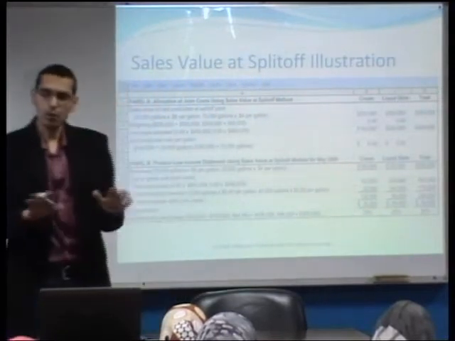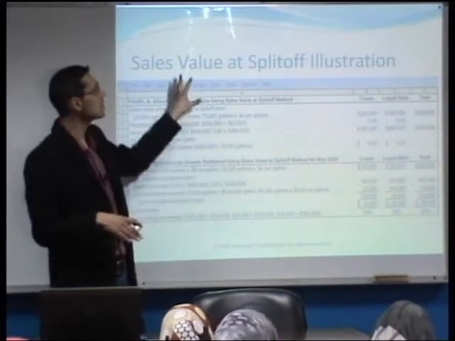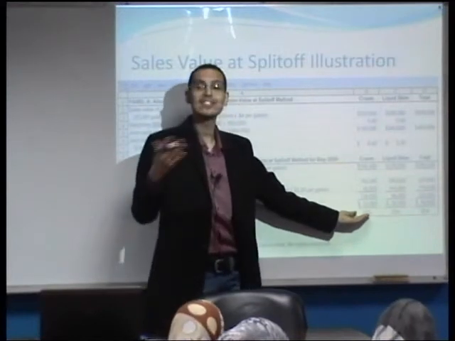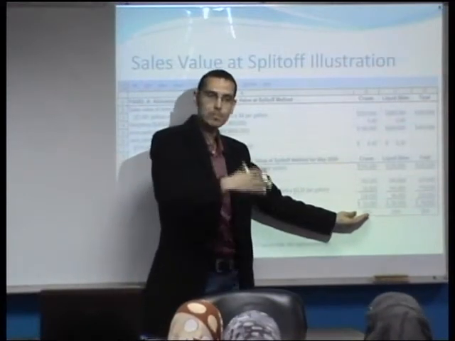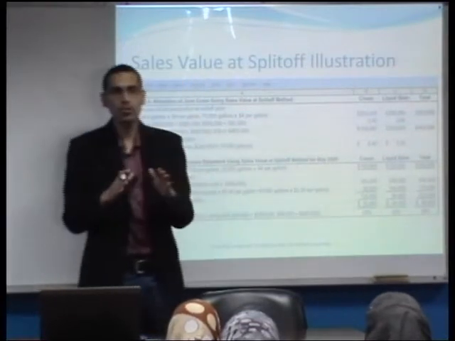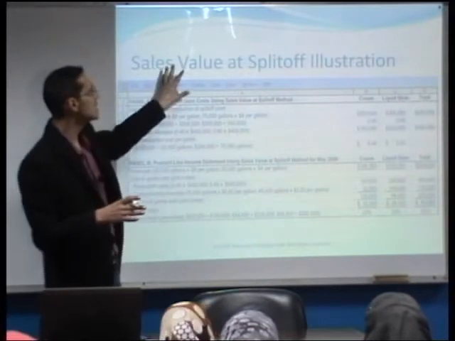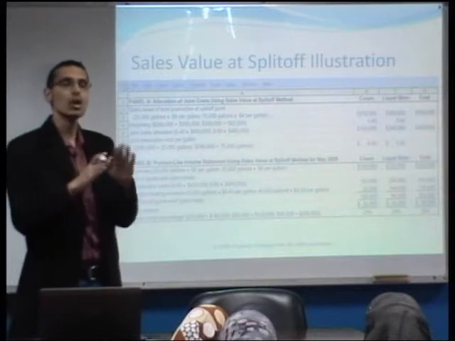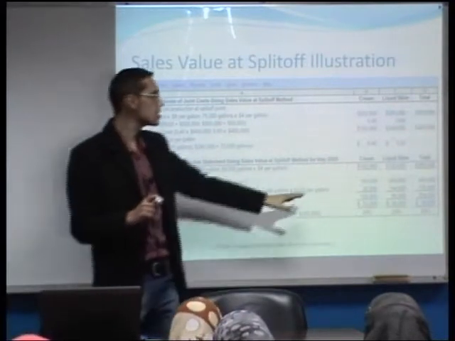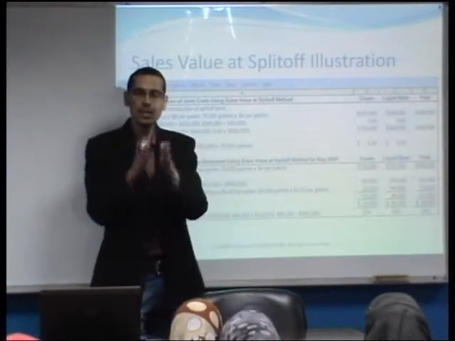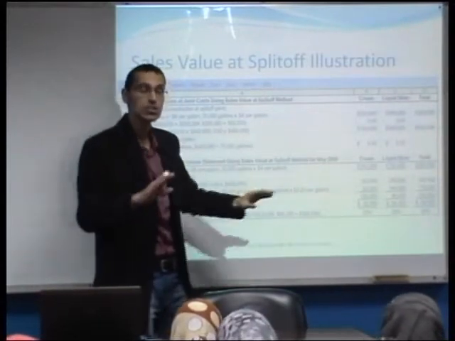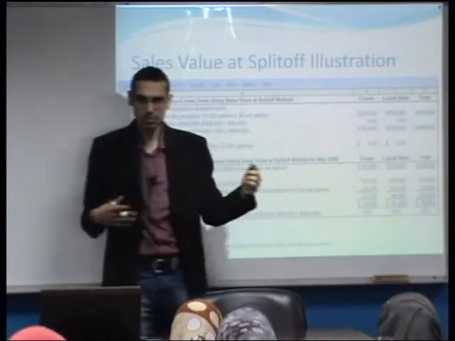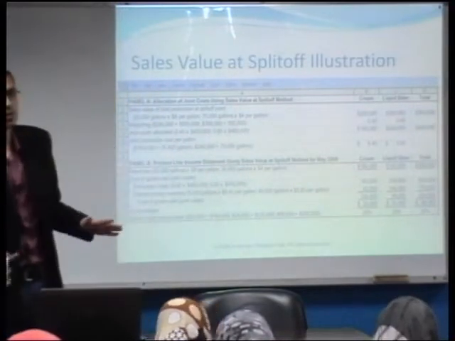Using the sales value method at the split-off point, here we achieved by coincidence the same gross margin percentage. We need not confuse the sales value at the split-off point method with another method that will always attain a fixed percentage, or a percentage that will be equal for the different products. Here, it is only a coincidence that we have 20% for each of the two products. Of course, this was what we took the last time.